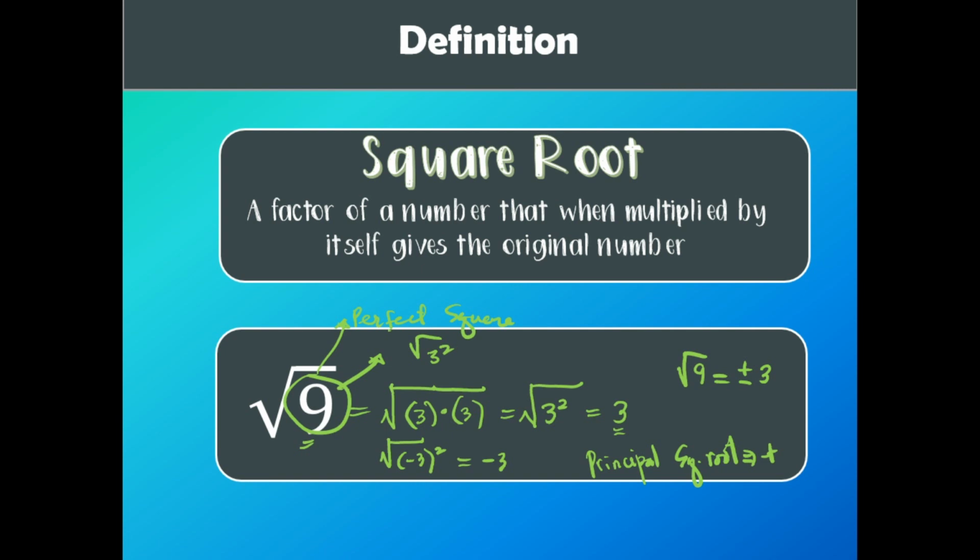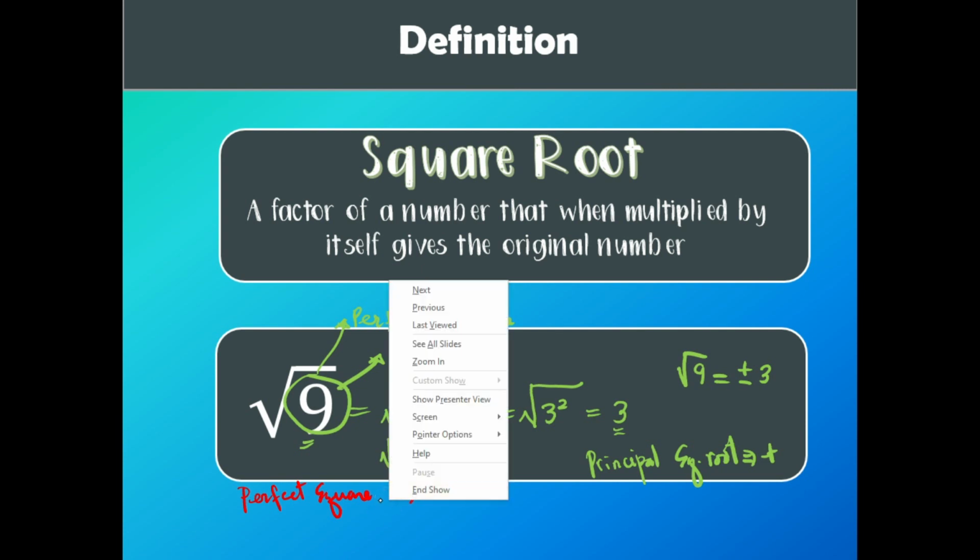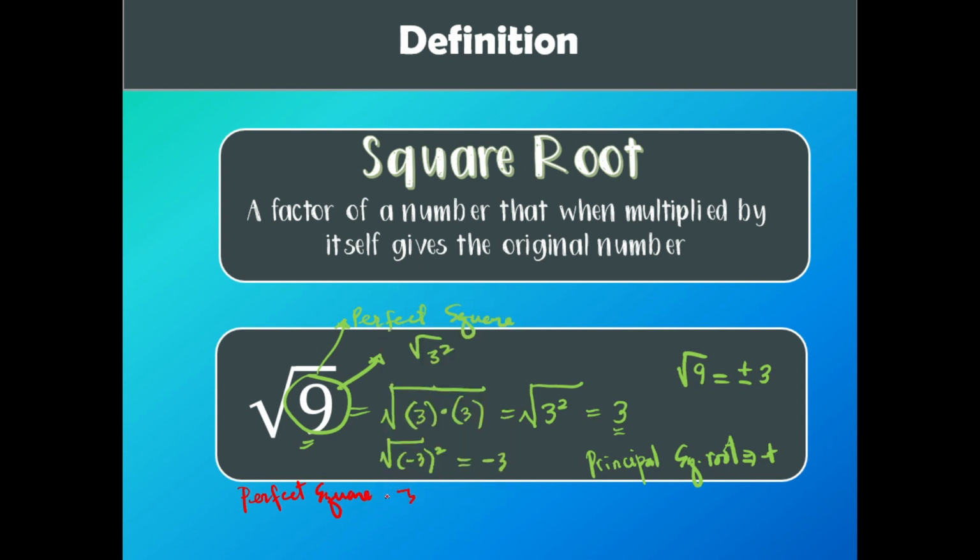The answer is 9. Some of the perfect square numbers are, example nito ay 1 because yung 1 can be 1 times 1.